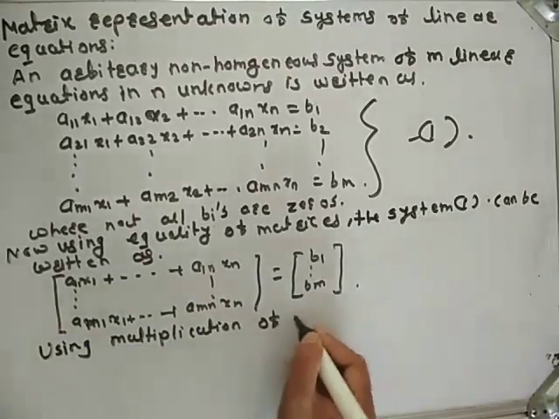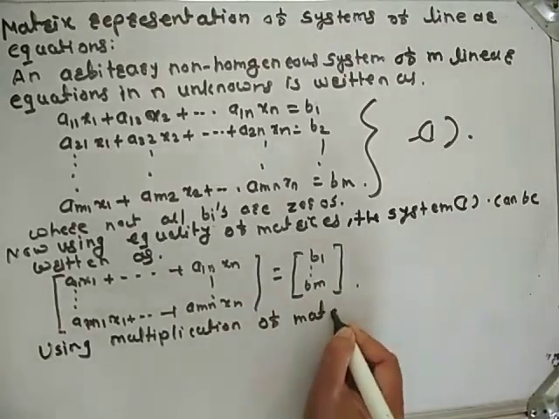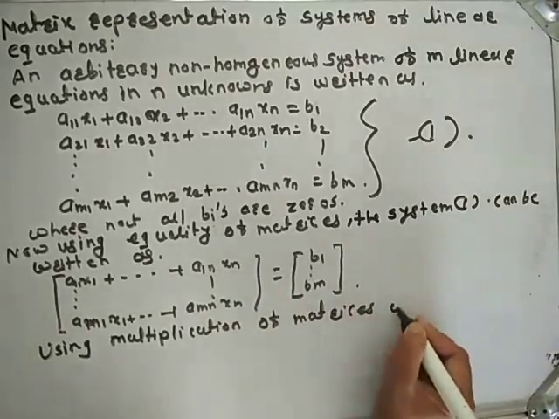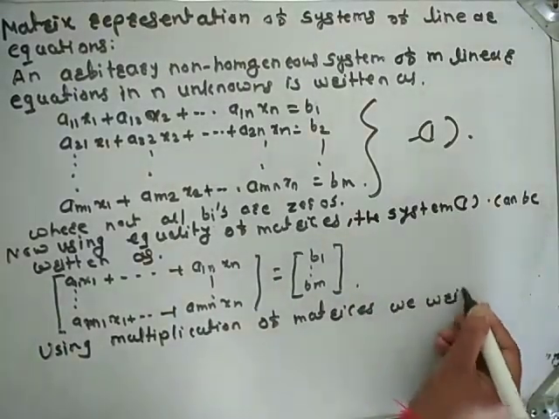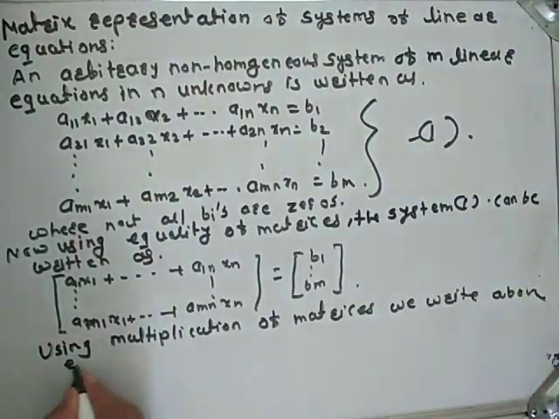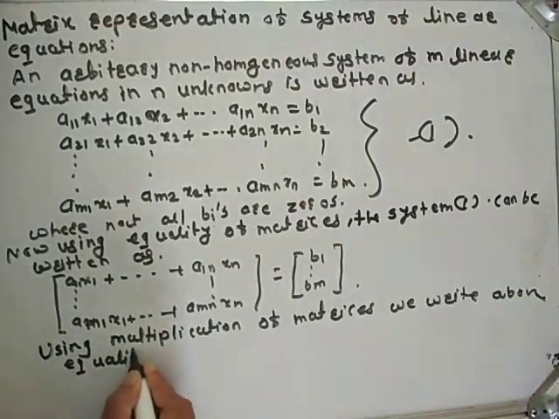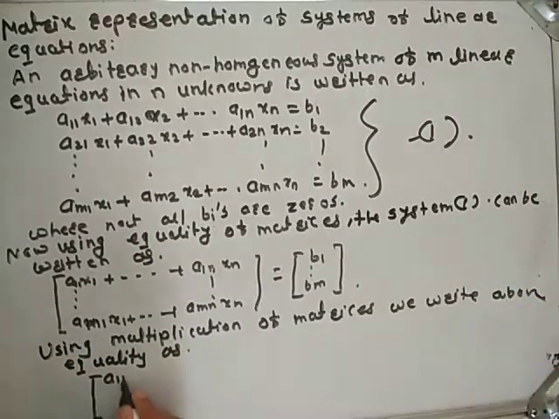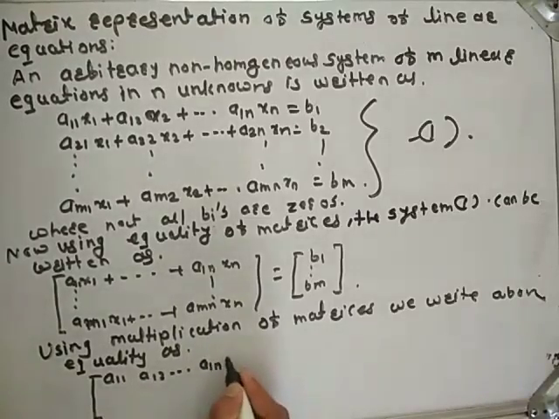Further, using multiplication of matrices, we write above equality as matrix a11, a12 and so on up to a1n, a21, a22 and so on up to a2n.